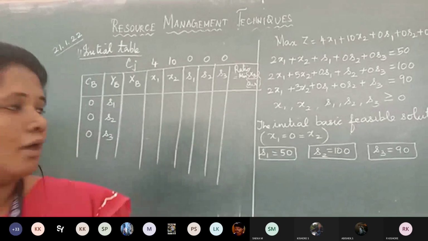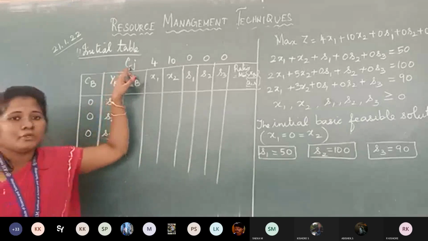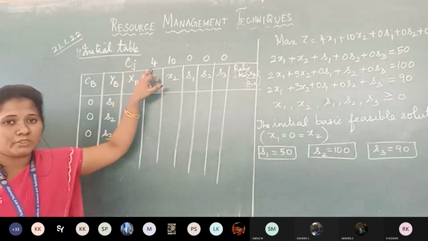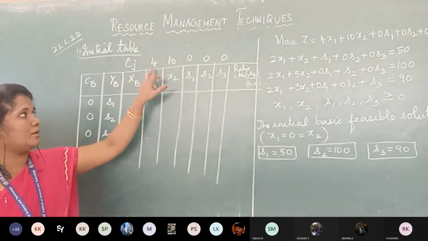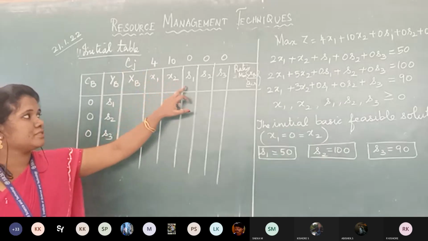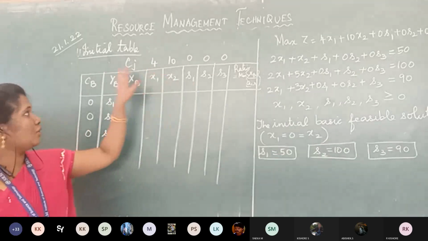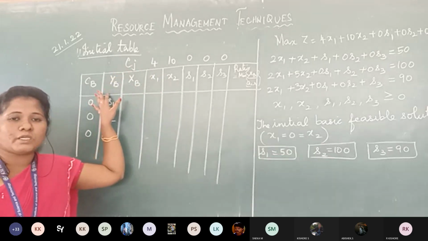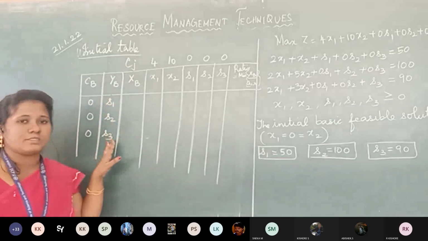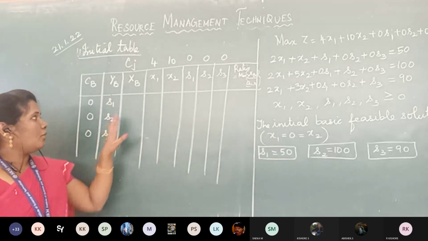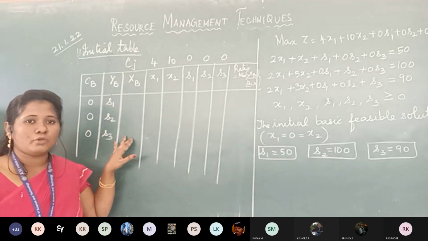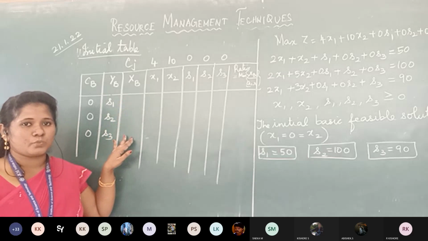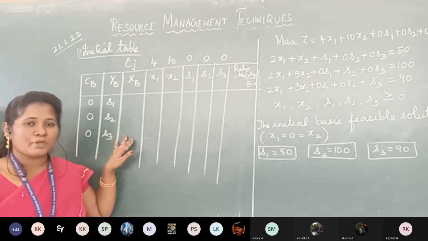I will repeat it again. Your CJ is nothing but the coefficient of your objective function: x1's coefficient, x2's coefficient, slack variables' coefficients. Then YB is whatever slack variables you have introduced, which you will write here. Now XB is the initial basic feasible solution values you have found for S1, S2 and S3.